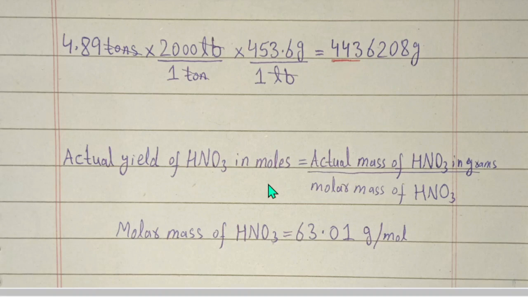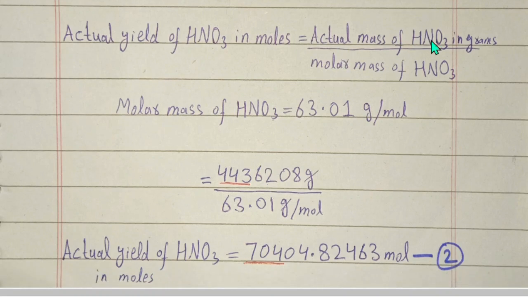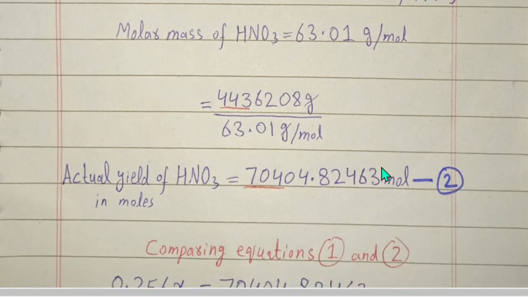Now we find the actual yield of nitric acid in moles using this formula. The molar mass of nitric acid is 63.01 grams per mole. As two quantities are dividing and the minimum number of significant figures is 3, so the answer will have three significant figures. Let's call this equation 2.